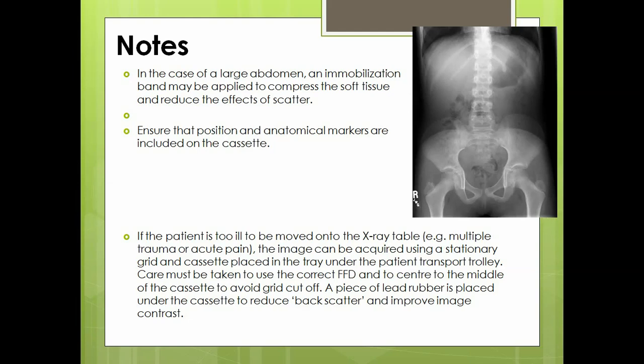It's very difficult to give more penetration. So at that time you can use a compression band. It's available in some places. It will be fixed with the table, and you will give a compression pad, compress the abdomen thickness, and take the radiography.